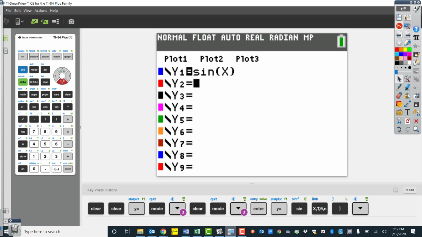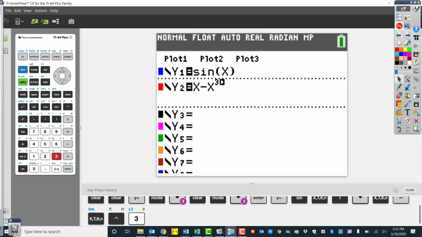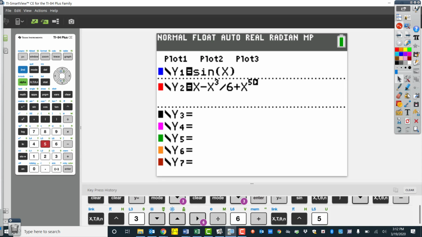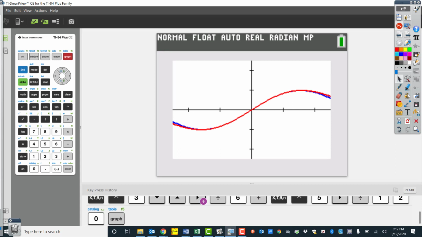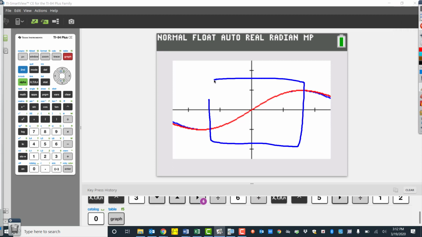So x minus x to the 3rd divided by 3 factorial is the same as saying 6, plus x to the 5th divided by 5 factorial, which is the same as saying 120. We're going to look at these graphs and compare them. And what we notice is that right around this area right here, this is a pretty accurate representation of the graph of sine of x.